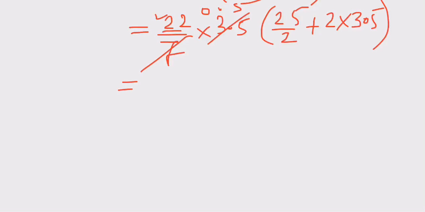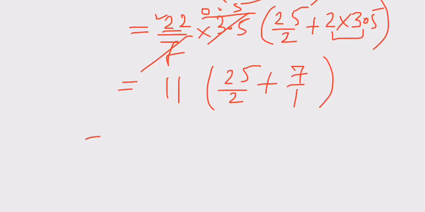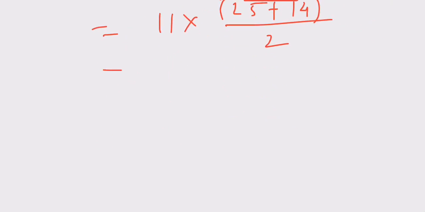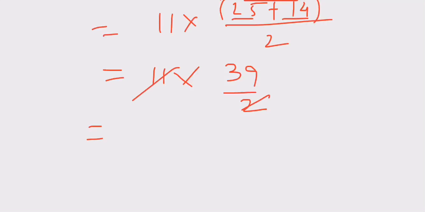0.5, 25 into 0.5 is 12.5. So in this way this is 25 upon 2 plus this 2 is your 7. So 11 into, just solve it out, LCM will be 2, this is 25 and this is 14. So we have 11 into 39 upon 2. When you divide 11 by this 2 it will give you 5.5.